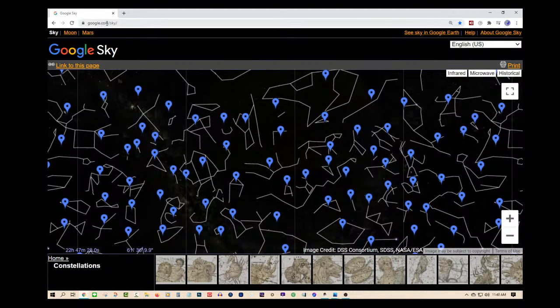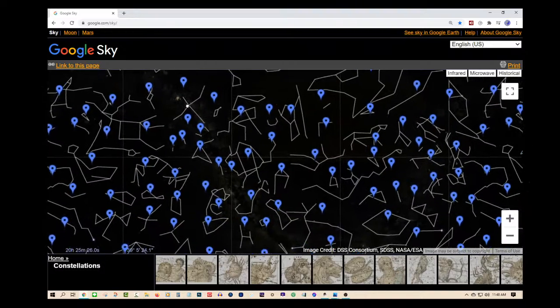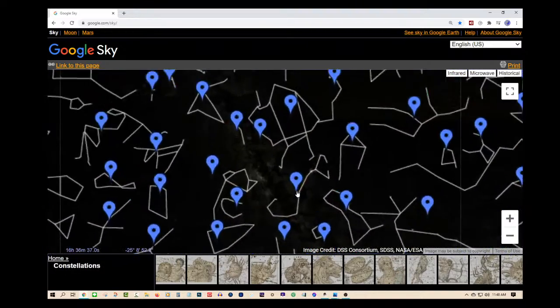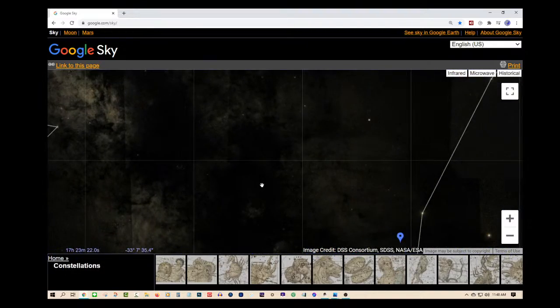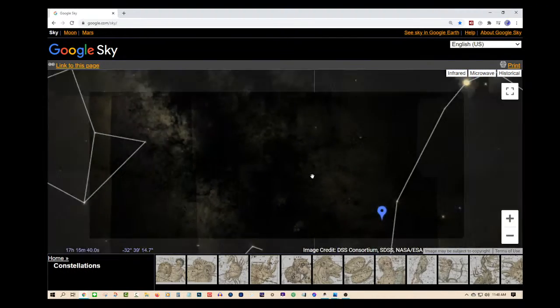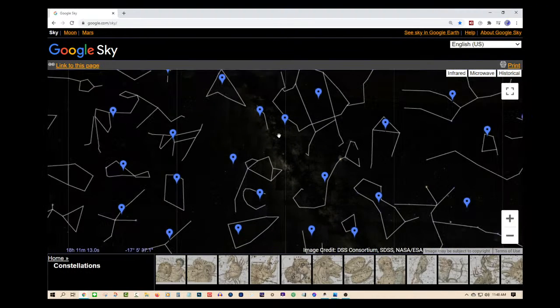This is google.com/sky. And I had to find Cygnus, and you can find it and see it. I said, well, if this is the Scorpion, let me zoom in a little bit. Oh, look, and here's the true picture, too. So you can see the real stars in Google Sky, but I didn't really use it for that.